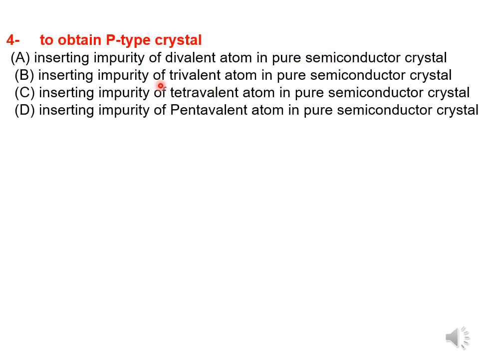Inserting impurity of trivalent atom. أنا عايز P type، يبقى inserting impurity of trivalent atom in pure semiconductor، يبقى هي دي الإجابة الصح. أو inserting impurity of tetravalent atom in pure semiconductor، أو inserting impurity of pentavalent atom in pure semiconductor crystal. يبقى to obtain P type crystal, inserting impurity of trivalent atom in pure semiconductor crystal.